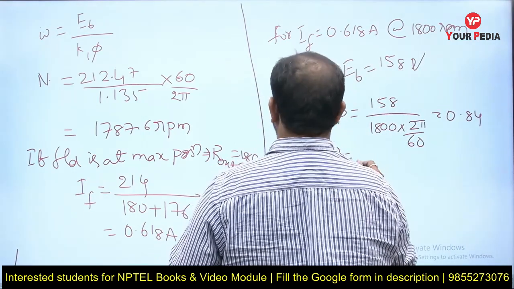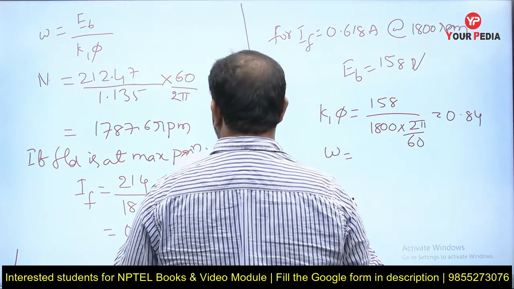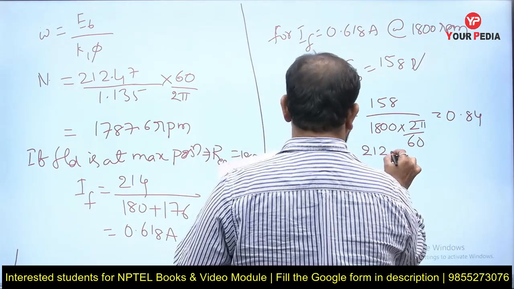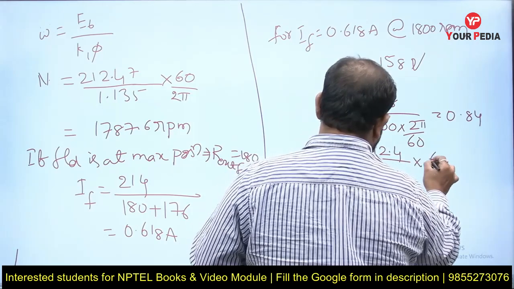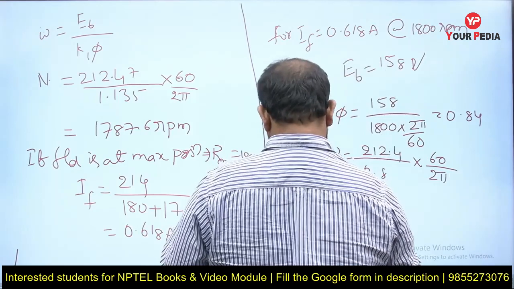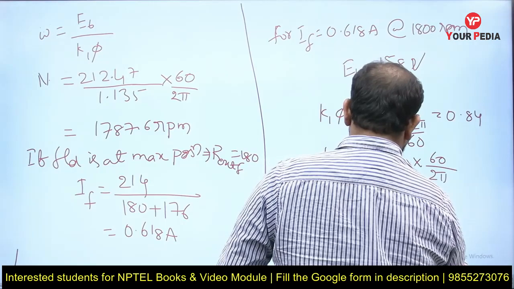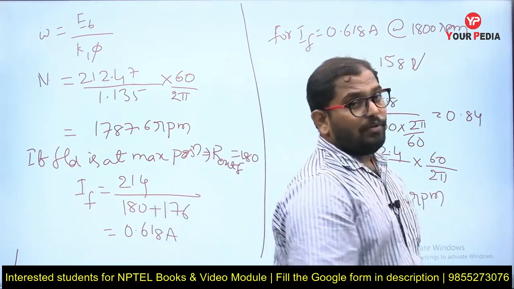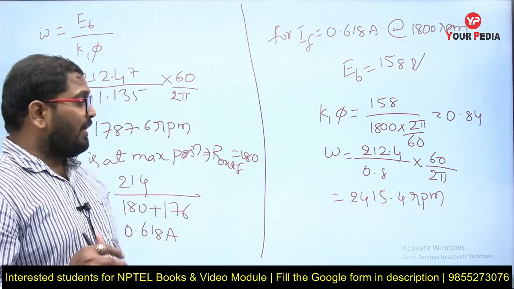We got the EB value as 212.4, so it is 212.4 divided by 0.84, into 60 by 2 pi, which will give the speed value as 2415.4 RPM.